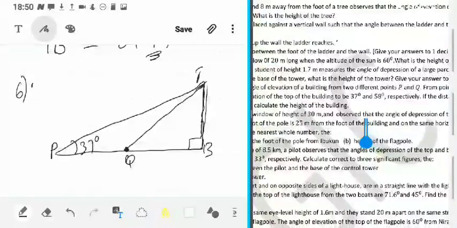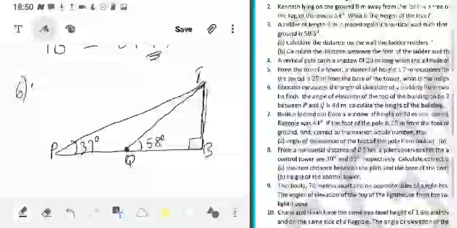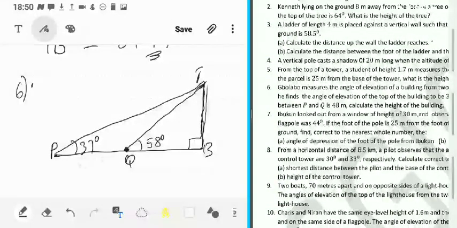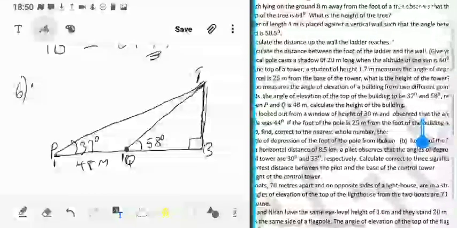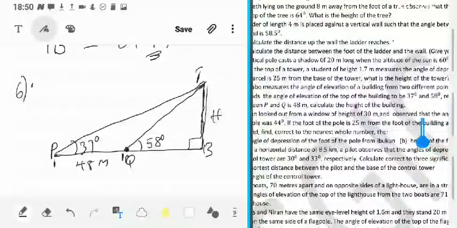From this place 37, from this place 58 degrees. If the distance between P and Q is 48 meters, calculate the height of the building. So we want to get this height, TB.